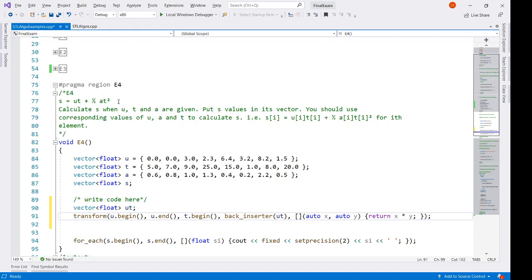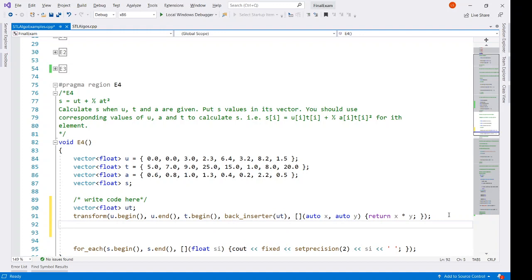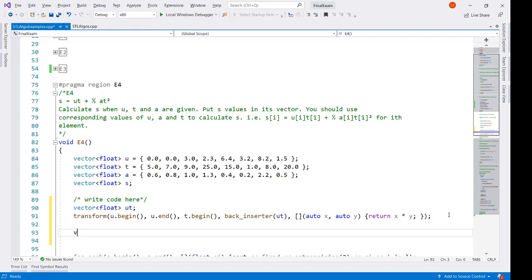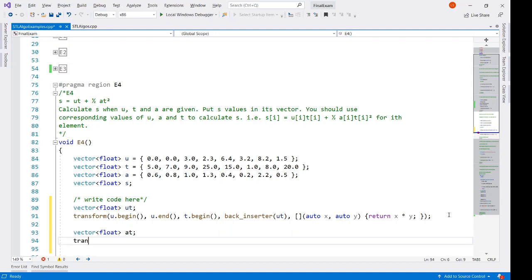Now we need this half at square vector as well. So let's apply another transform and put that in another vector. Vector float at, and transform again a and t.